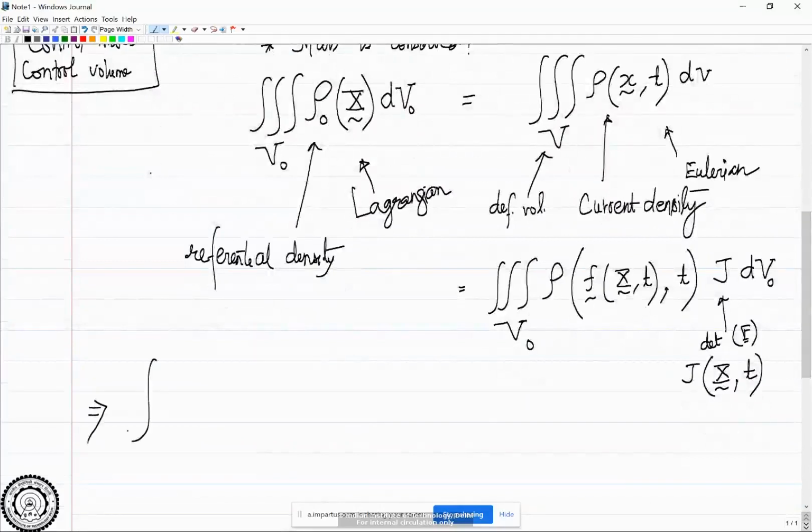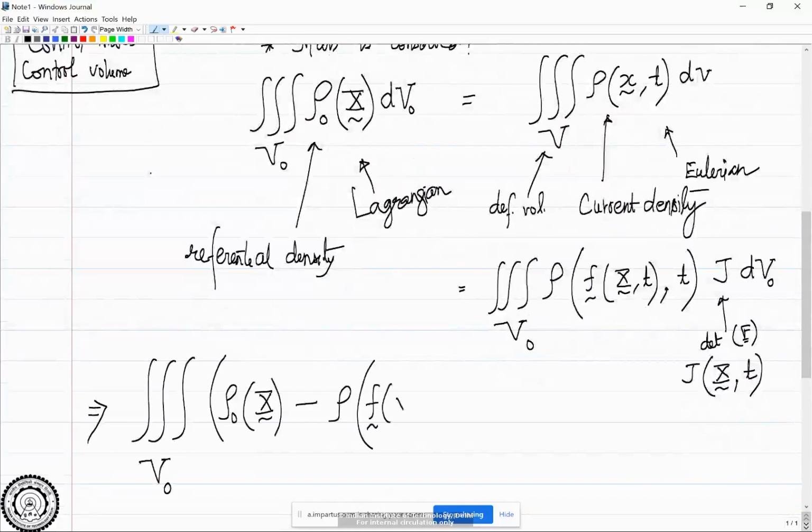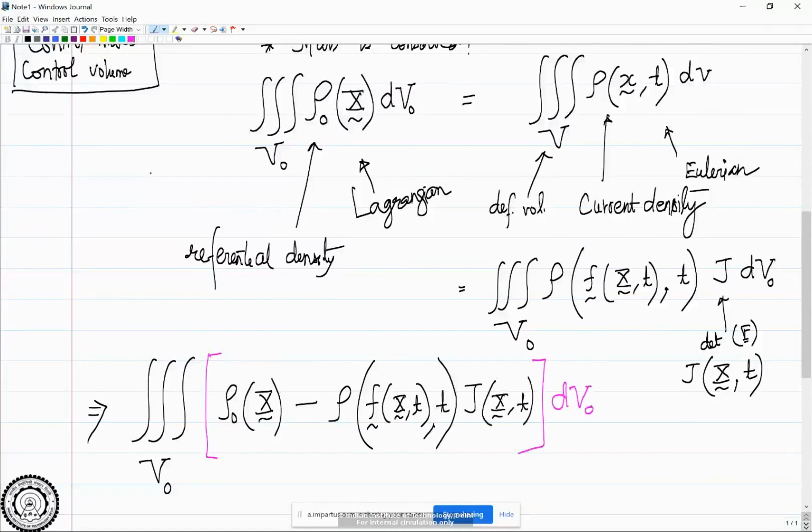And so we can say this is the same as the integration over V naught of rho naught of capital X minus rho of F of capital X comma T into J of capital X comma T, and let's make the outer bracket with a different color, into dV naught. Okay, so that's the equation.